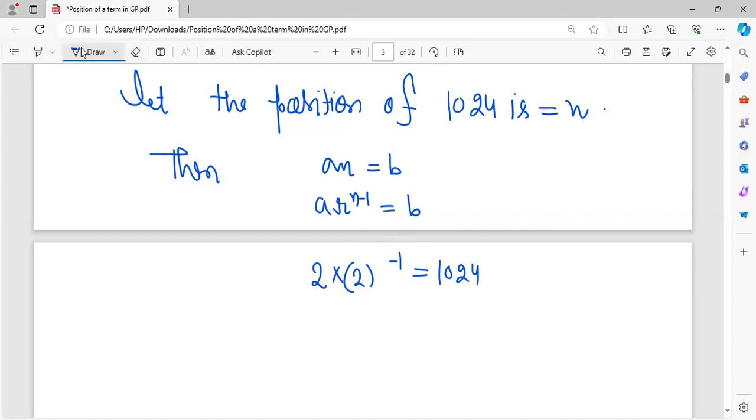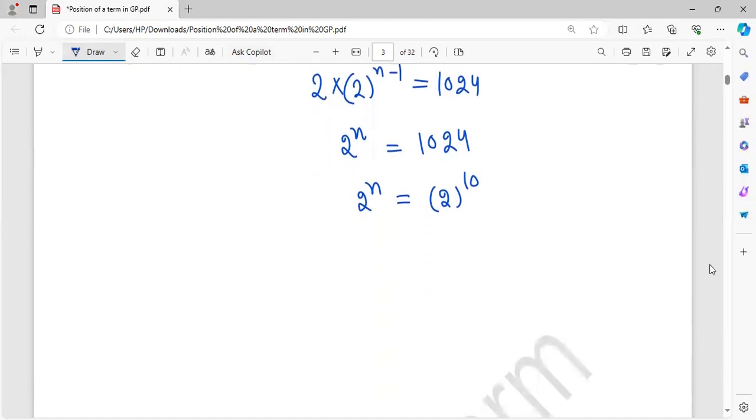So 2 times 2 to the power n minus 1. Now, the powers will add, giving 2 to the power n. I can write 1024 as 2 to the power 10. Comparing both sides, this implies n is equal to 10.